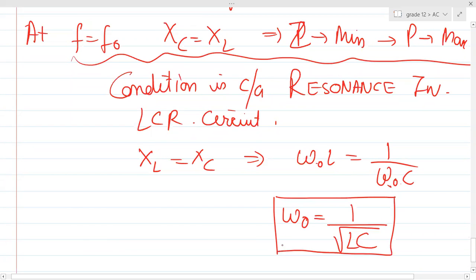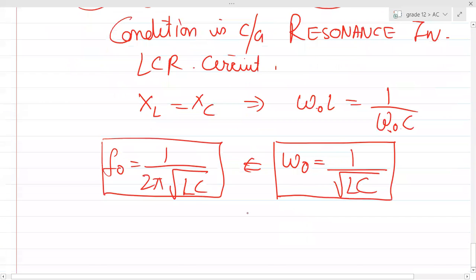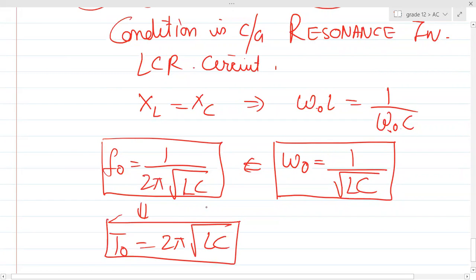Writing it as 2 pi f naught, f naught equals 1 by 2 pi under root LC, and the time period is 2 pi under root of LC. Is this clear, guys? So always remember, at this frequency the circuit will start resonating. Write this down, then we will discuss some graphs.